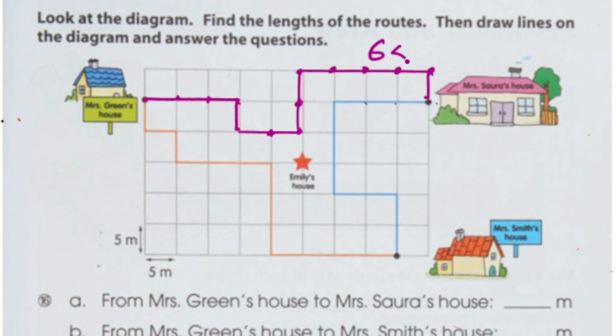So this is 65. That means from Mrs. Green's house to Mrs. Sora's house is 65, according to the question of the book.